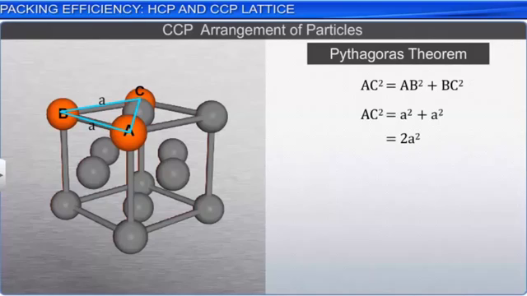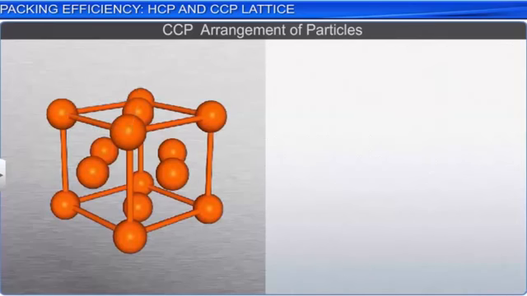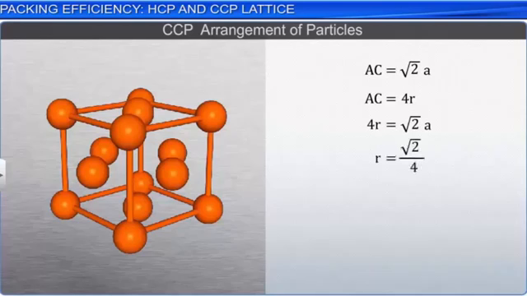Hence, AC is equal to root 2 A. However, face diagonal AC in terms of the radius is AC is equal to 4R. Therefore, equating the two expressions for AC, we get 4R is equal to root 2 A. Hence, R is equal to root 2 upon 4 multiplied by A, as given here.